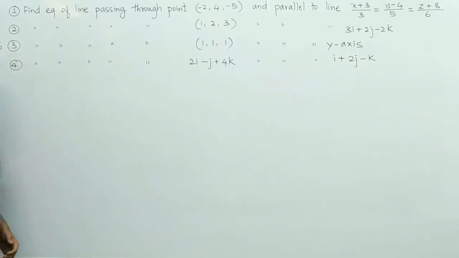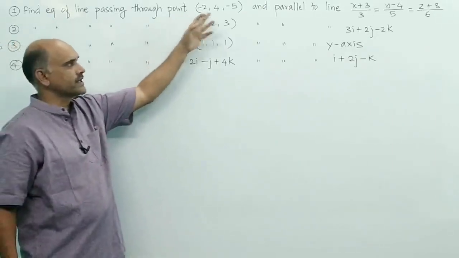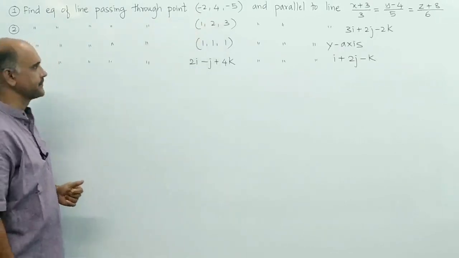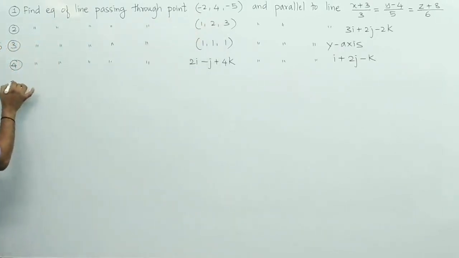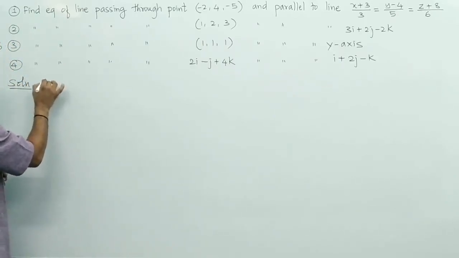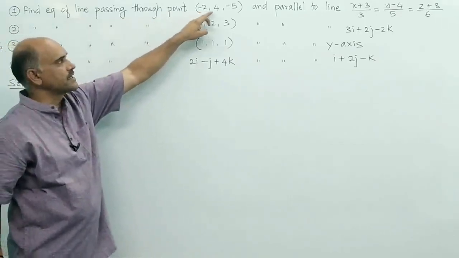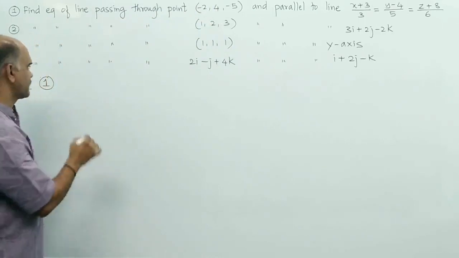So now we will find the equation of a line passing through a point and parallel to a given line. If I take the first one, he has told us to find the equation of the line passing through the point (-2, 4, -5).